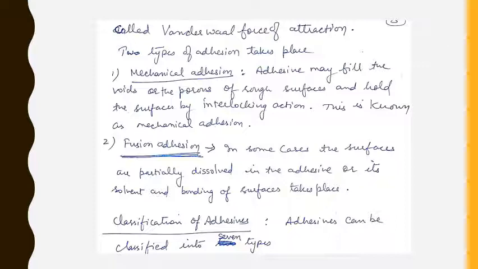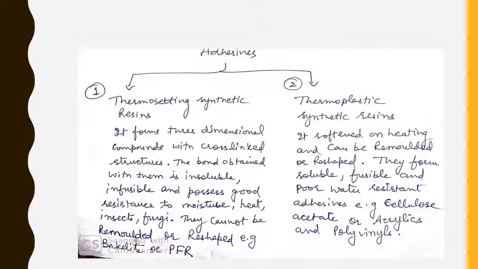So the adhesives can be classified into 7 types. Here we have started the classification. The most important adhesive is thermosetting synthetic resin, and the second one is thermoplastic synthetic resin.